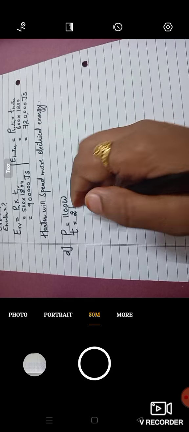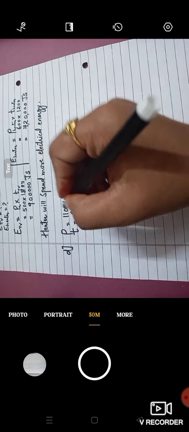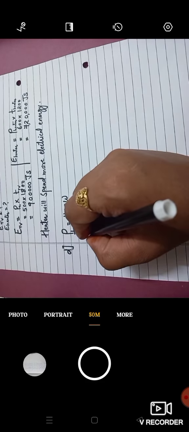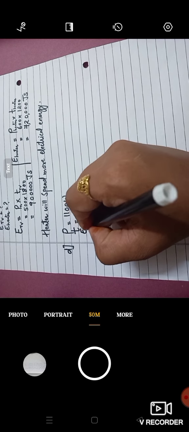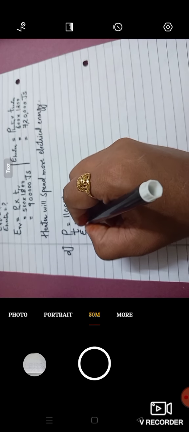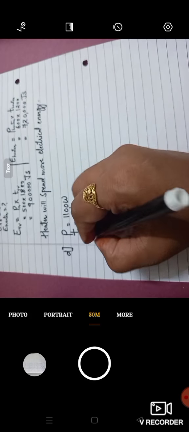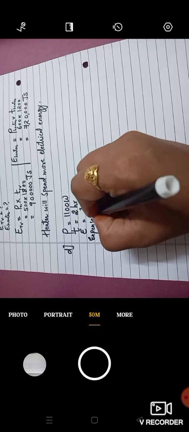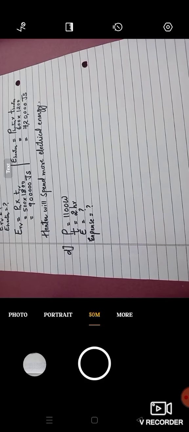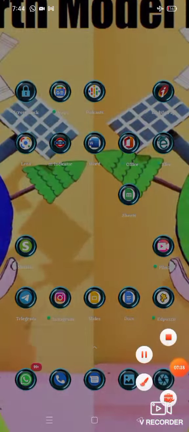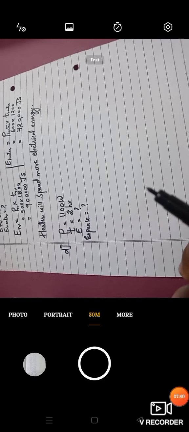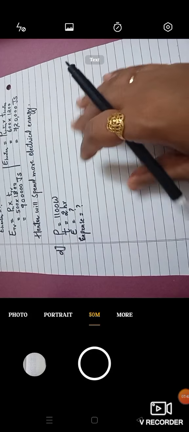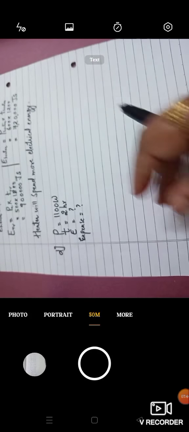So we will first calculate how much electrical energy it is consuming per day, and then we will calculate what the expense would be in the month of April because of this electric iron. Okay, so let's first calculate the electrical energy consumed by this iron.